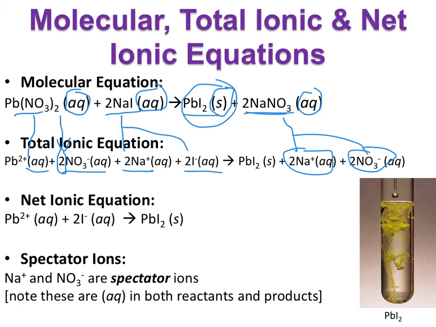Thus, lead-2 iodide remains in its molecular state, not being split into individual ions. Thus, the total ionic equation reads lead-2 aqueous plus 2 nitrate aqueous plus 2 sodium aqueous plus 2 iodide aqueous yields lead-2 iodide solid, the precipitate, plus 2 sodium aqueous plus 2 nitrate aqueous.